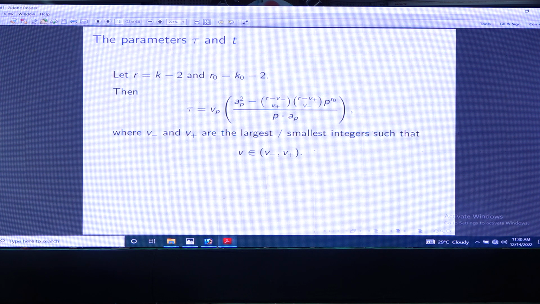So I'm looking at how divisible a certain fraction is by p. And what is this fraction? Well, it involves the p-th Fourier coefficient, a_p squared, but it also involves some binomial coefficients, n choose m. There are two binomial coefficients, r minus v minus choose v plus, and r minus v plus choose v minus, times p to the R naught. And then you divide the whole thing by p over a_p.